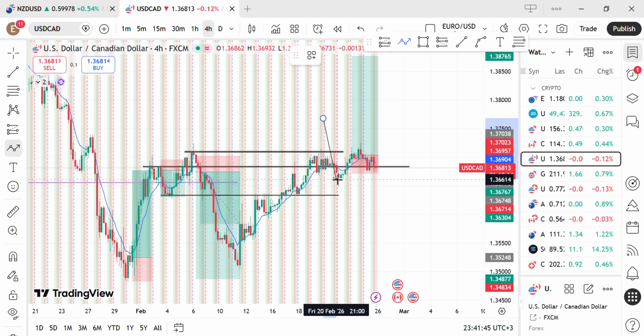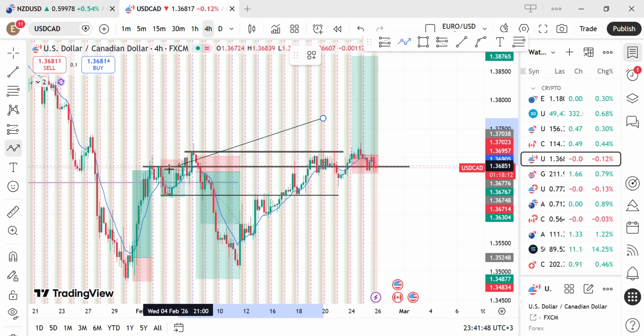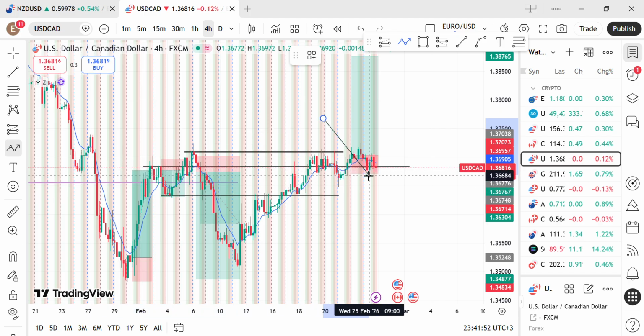If this is a low, higher low, this price should be buying. It still is bullish, but it should also break this level, 1.37114. You should break it, retest, and continue up.